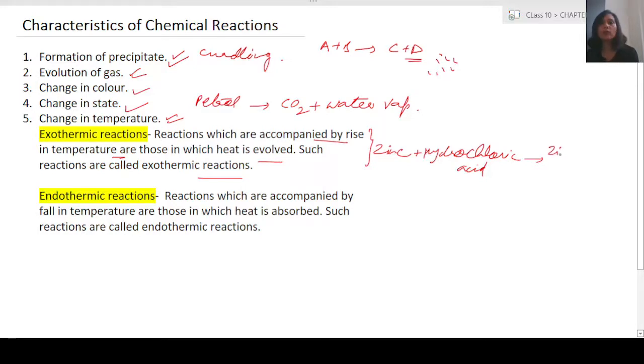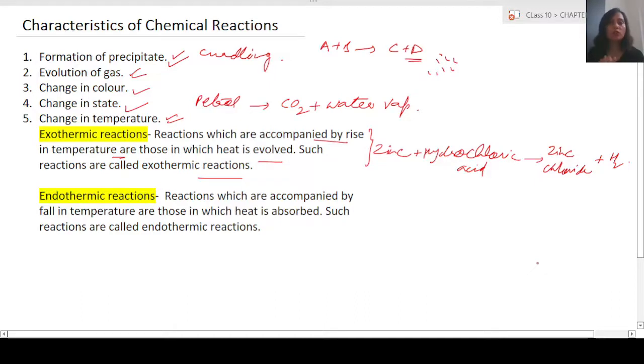So it is forming what? Zinc chloride plus hydrogen gas. At the end of the reaction, when you touch the walls of the container, the wall is a little bit warm, proving that heat is evolved. So such reactions are called exothermic reactions.